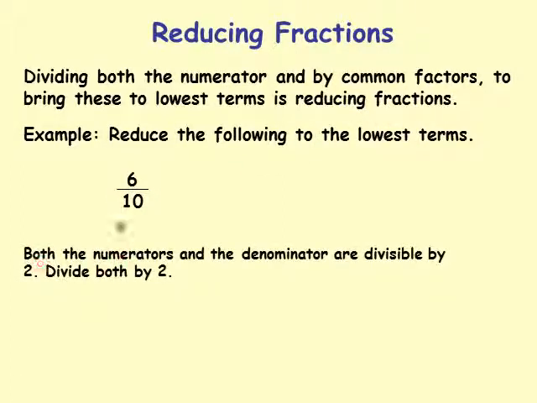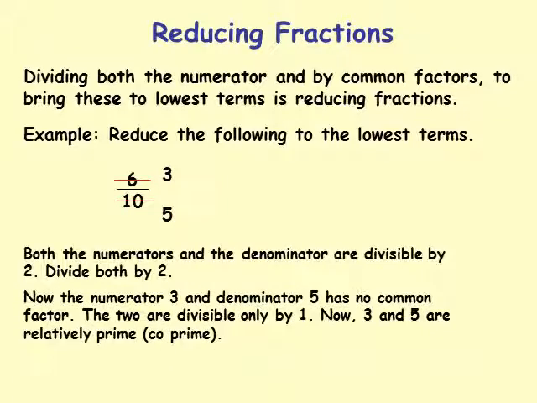First of all, note that 6 is an even number and 10 is an even number, so both are divisible by 2. Let's divide them both by 2. We divide 6 by 2, we get 3. We divide 10 by 2, we get 5. Now the numerator 3 and denominator 5 have no common factors. These two are divisible only by 1, and 3 and 5 are relatively prime. So the reduced form is 3 divided by 5.